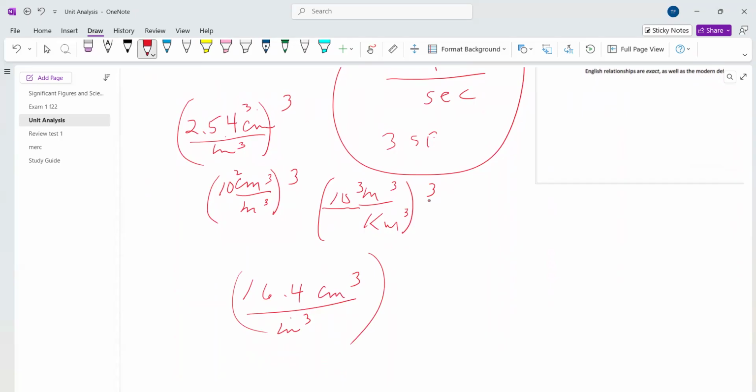Okay, and then so those are our converted cubic conversions.